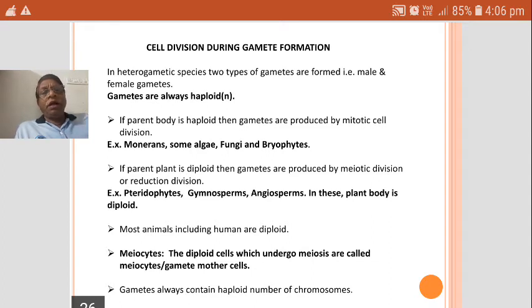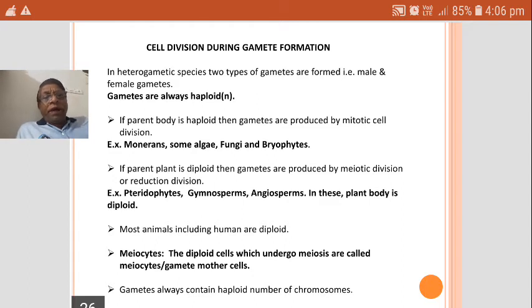Okay. Now we shall see the gametes and the type of cell division in different groups of plant kingdom. Okay. And in animals.